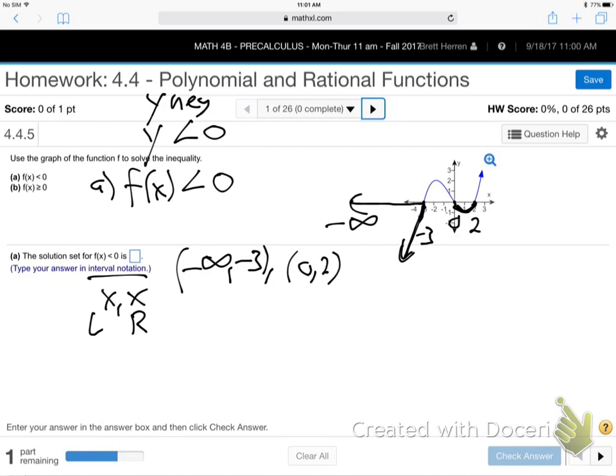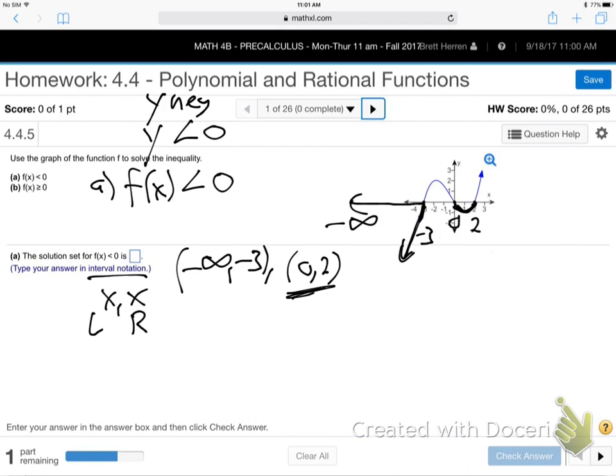If they had less than or equal to, then they would want me to include the 0 right on the money and the 2 right on the money, because right at 0, it's at 0, and at 2, it's at 0. But they didn't want equals. They don't want to know where the height is equal to 0. They just want to know where the height is below 0. So it's below 0, not right on 0 or right on 2, but close to 0, close to 2.